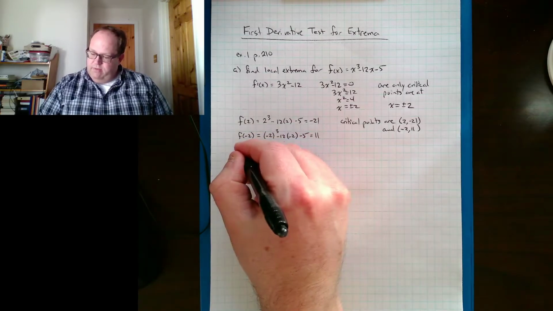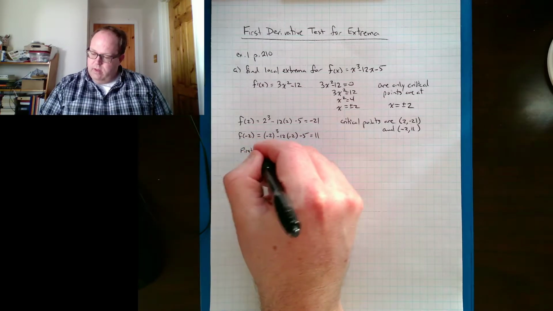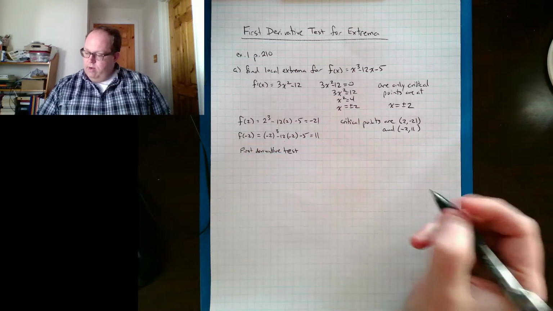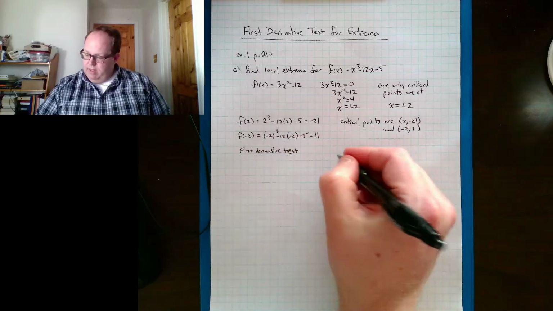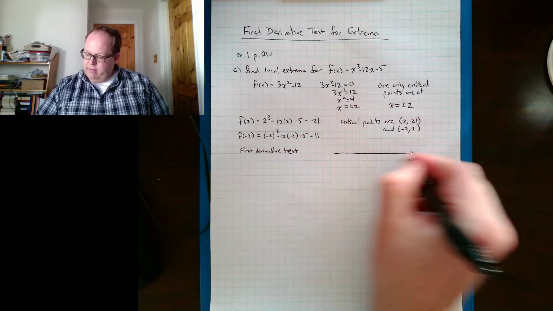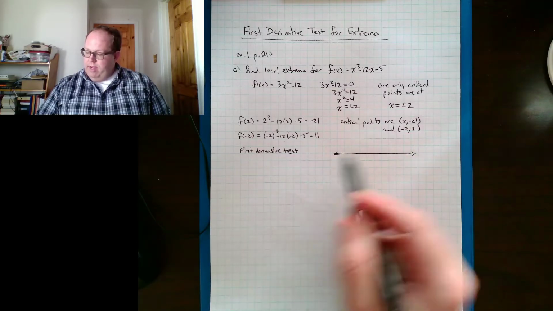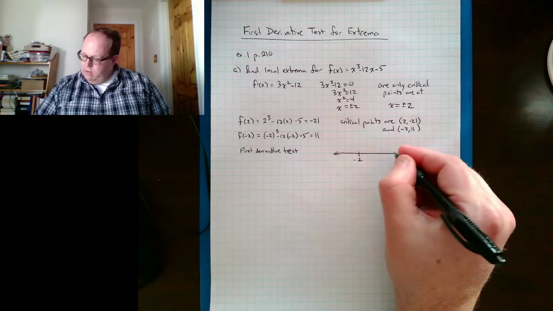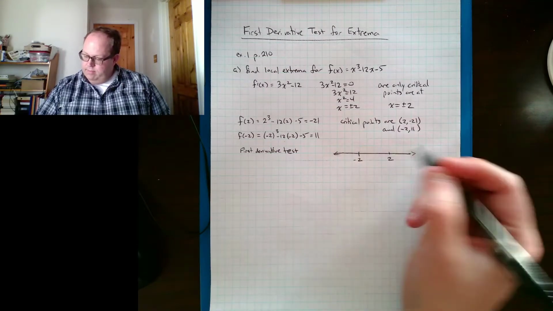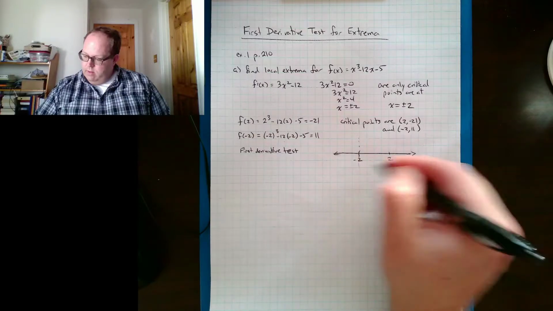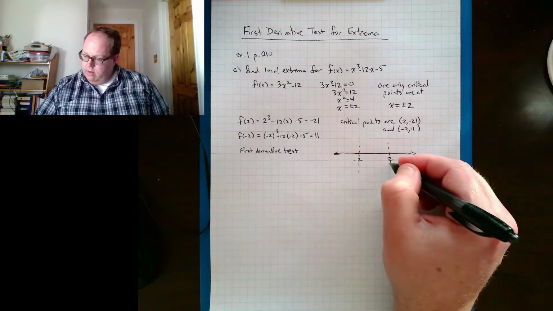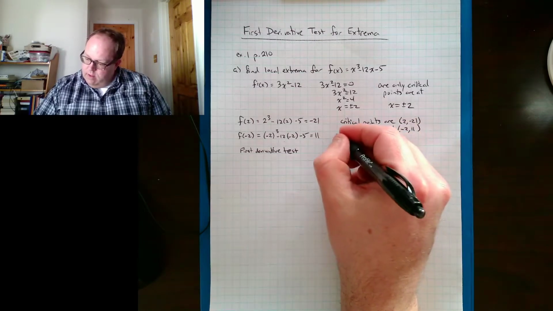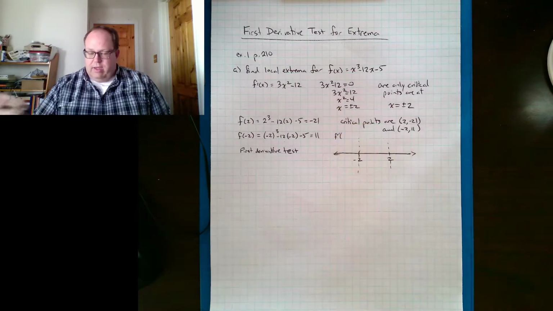So your first derivative test. Now what I'm going to do is I'm going to kind of think of a number line, going way back, that I'm going to break up based on where these critical points are. Negative 2 and 2. Below negative 2, let's say I try negative 3.